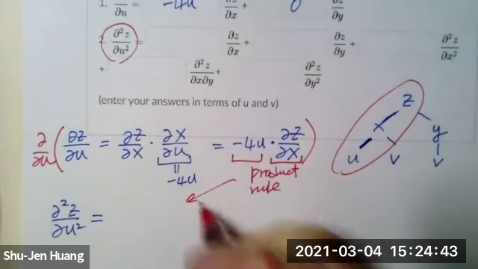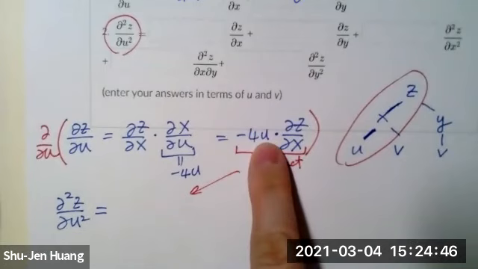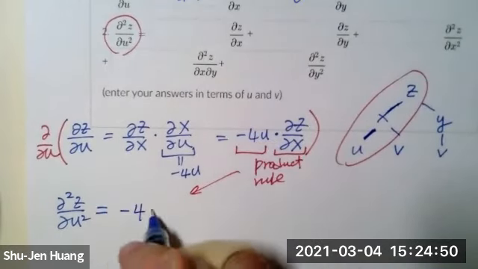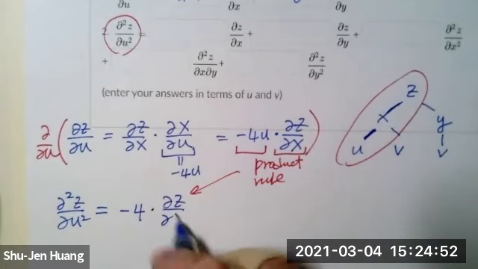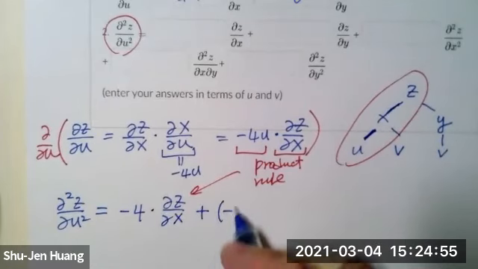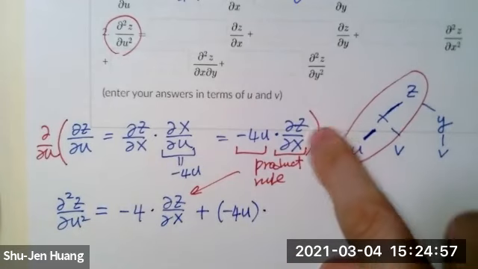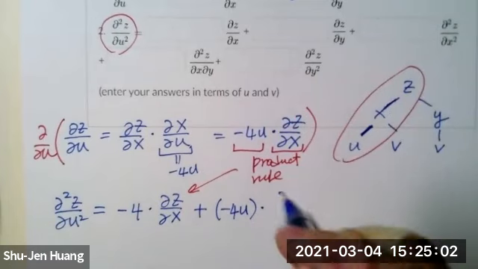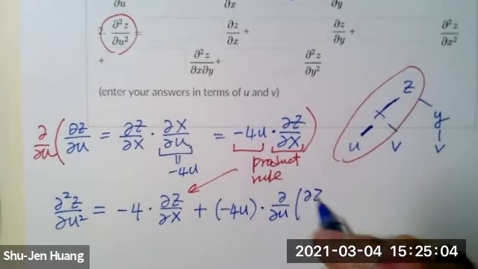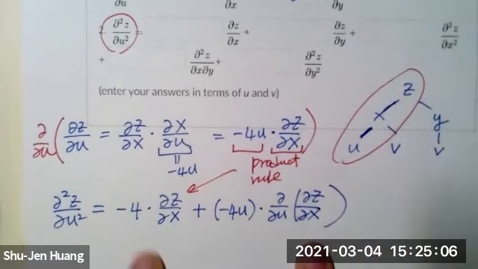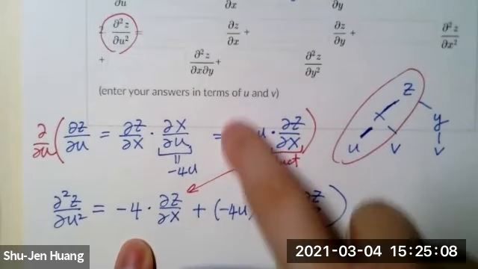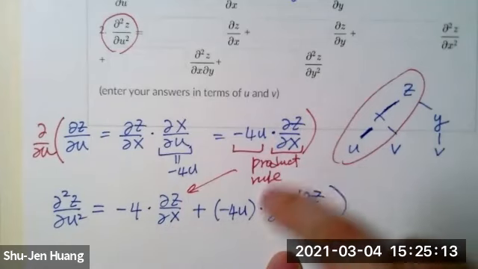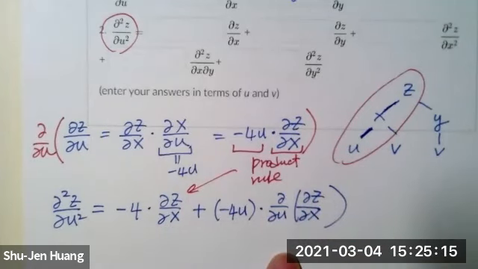Take the derivative of the first factor with respect to u, we get -4 times partial z partial x, plus the partial derivative with respect to u of the second factor. This is the product rule: we take the derivative of the first factor and the derivative of the second factor.